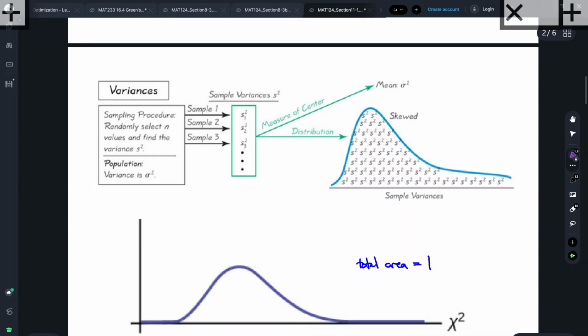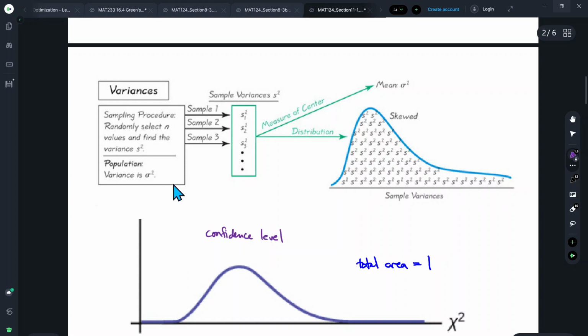So the basic setup is the following. The entire chi-square distribution has a total area of 1, but when we construct a confidence interval, we fix some particular confidence level, and the confidence level represents where the likely values are going to occur.